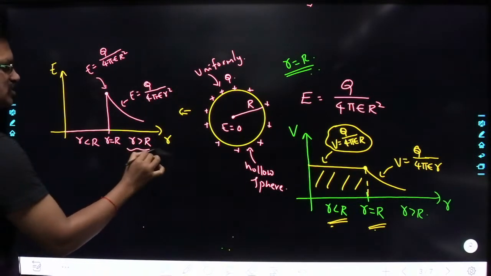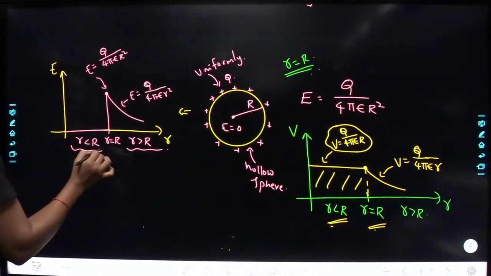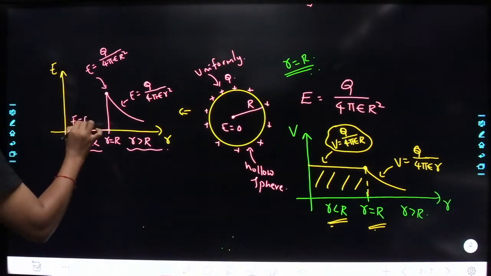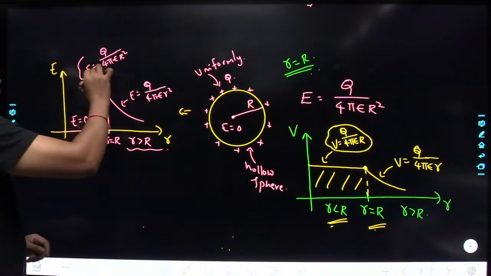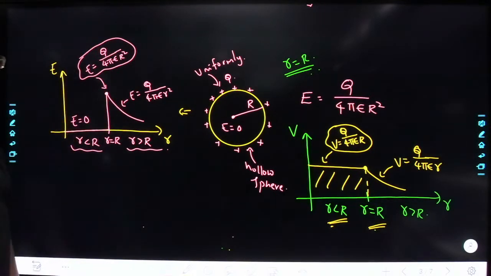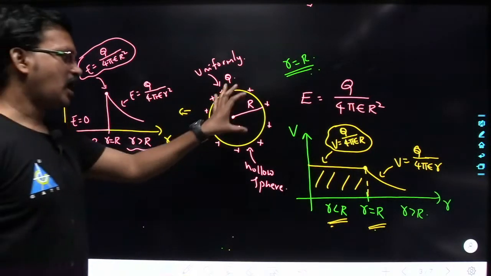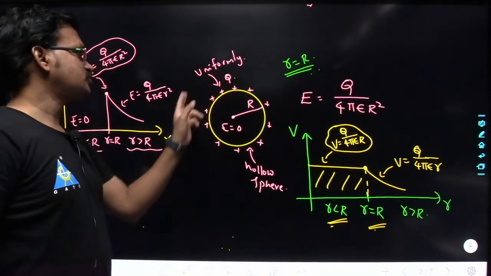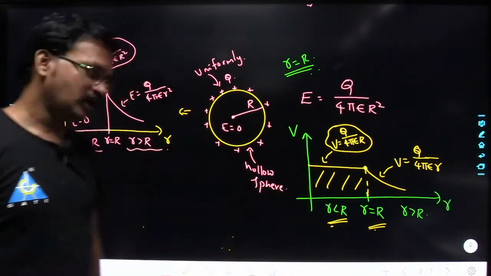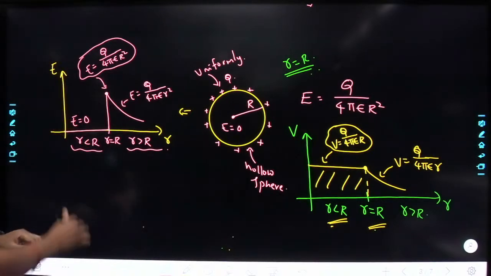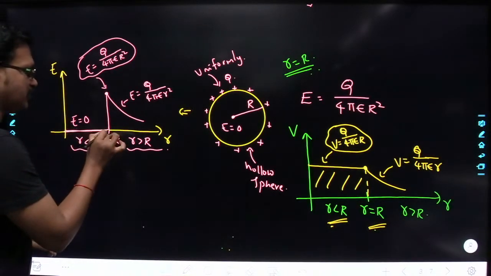So this region is outside the sphere, and this region is inside the sphere. So if you have a hollow sphere with the charge distributed uniformly on its surface, then this is the graph for the potential and this is the graph for the electric field.